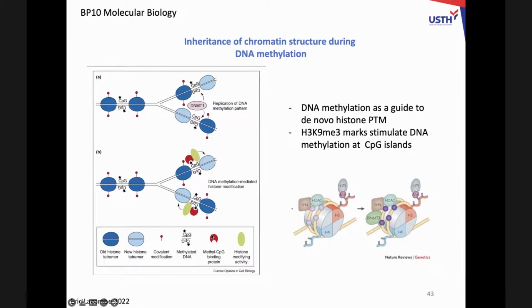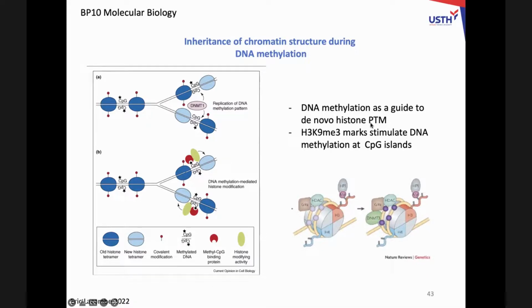Here in red, we've got a protein which is able to bind to methylated DNA, methylated cytosine. And in green, we've got enzymes that are able to modify the histones. For example, one of these histone modifying enzymes can be histone acetyltransferase or histone methyltransferase.